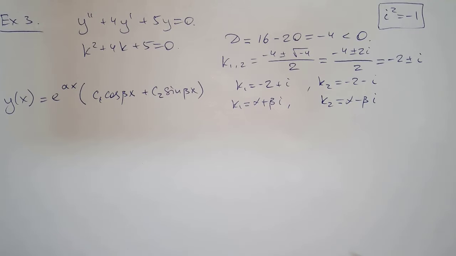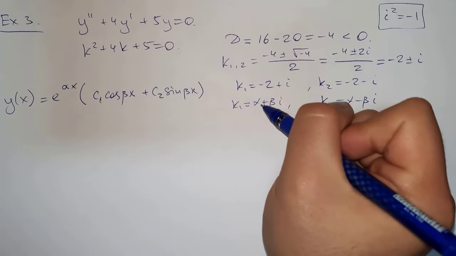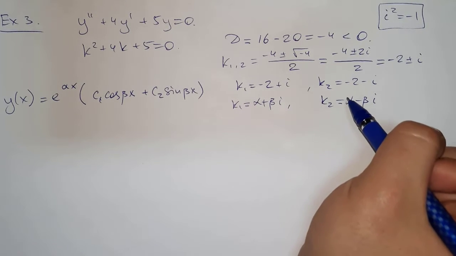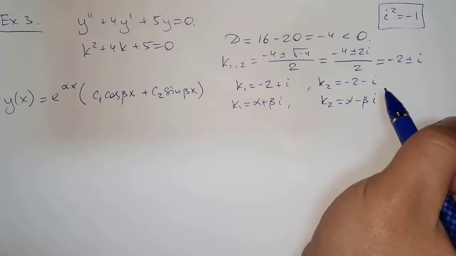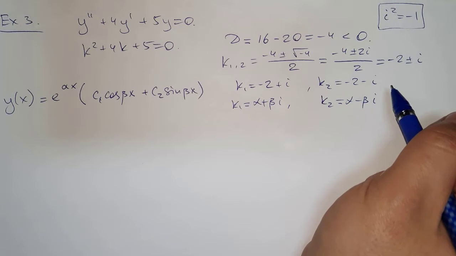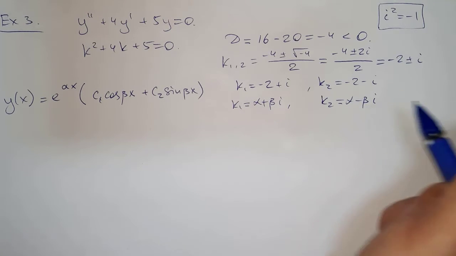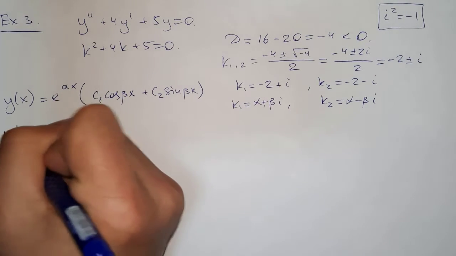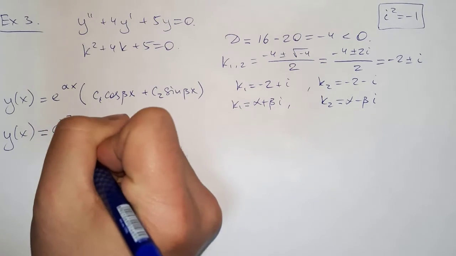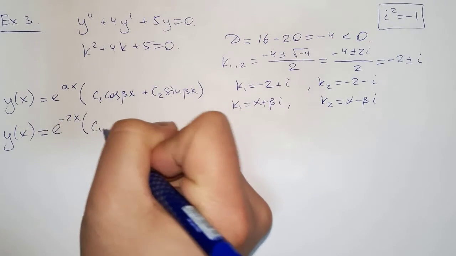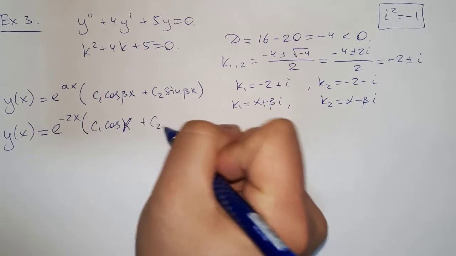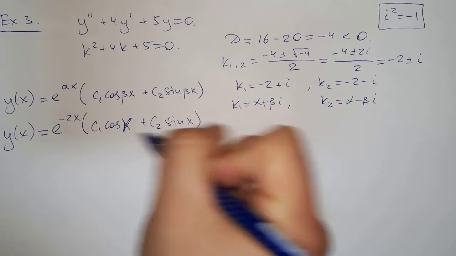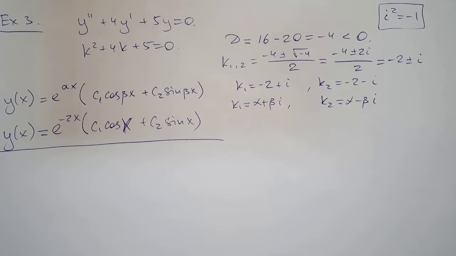Now look here, our alpha is minus 2 and our beta is 1. That's why here we have y of x is e to the power of minus 2x times (c1 cosine x plus c2 sine x). This is the general solution.